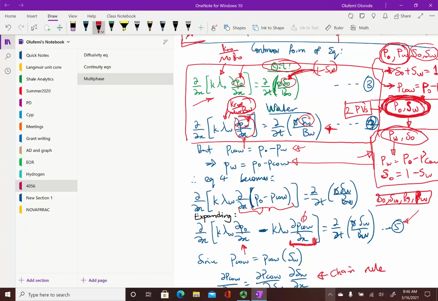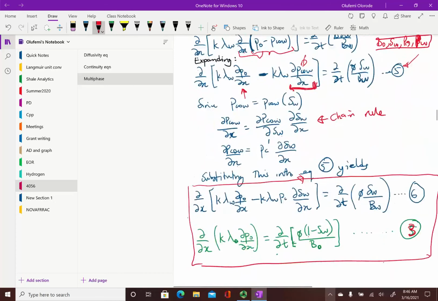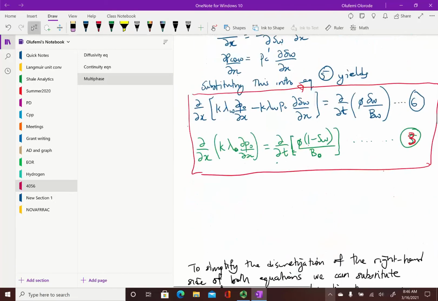So we introduced capillary pressure and the fact that saturations sum up to 1, and then ended up with these 2 forms of the equation so that they are in terms of PO and SW only. And again, we have introduced capillary pressure and the fact that SO plus SW equals 1 to get to this form.